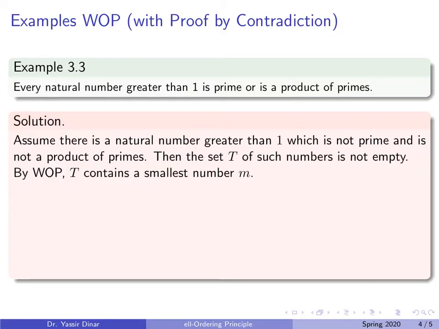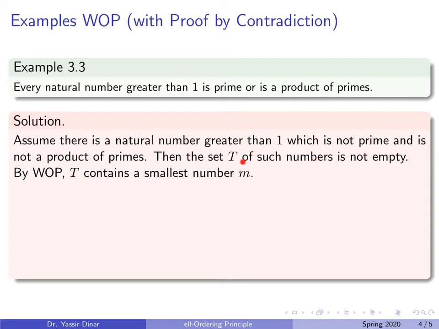For the proof by contradiction, my assumption will be that there is a natural number greater than 1 which is not prime, and it is not a product of primes. With this assumption, I can define this set T, which contains all such numbers.